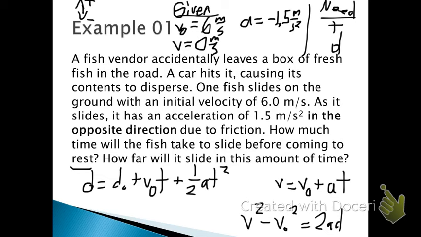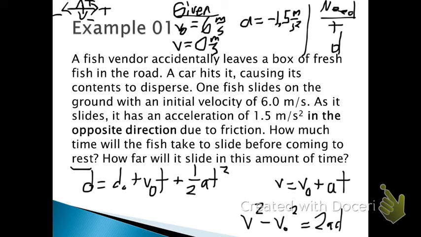So I'm going to call up positive, down negative, but that doesn't matter because this is all horizontal. I'm going to call to the right positive and to the left negative. And I'm going to pretend that the fish is just sliding to the right as it accelerates to the left. Now what I need is time and my final position.